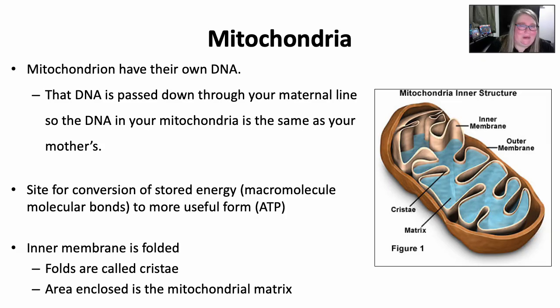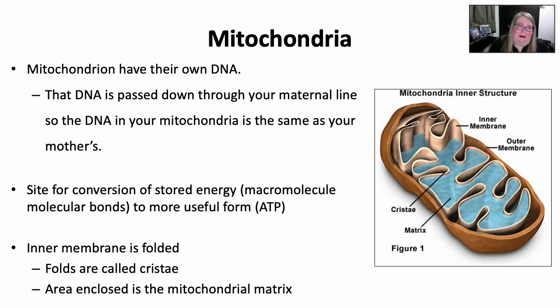Now, how do we know that the mitochondria is a prokaryotic cell that our eukaryotic cells ate back in the day? One of the pieces of evidence we have for this, and we'll talk about this on and off as we go through the next few chapters, is that mitochondria have their own DNA. No other cell organelle besides chloroplasts, we'll talk about those when we talk about plant cells, have their own DNA.